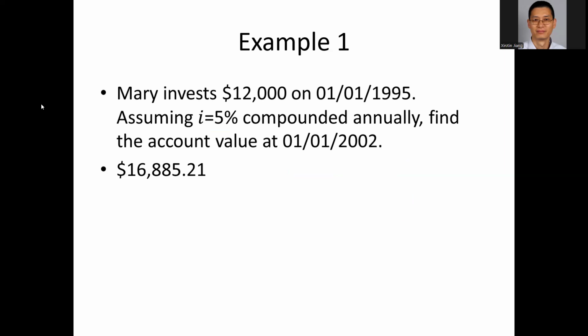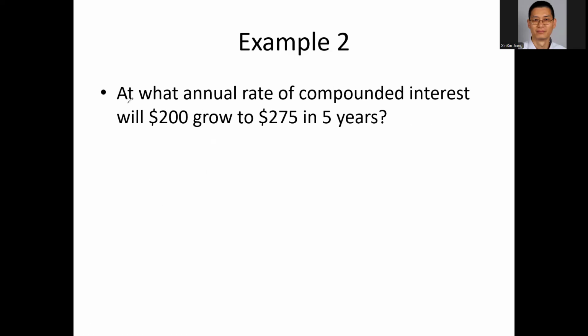You should try to use a calculator, get used to your calculator when you do these problems. At what annual rate of compounded interest will $200 grow to $275 in 5 years? So we're looking for the annual rate. Again, we have this formula, A of t equals A of 0 times 1 plus i to the t.